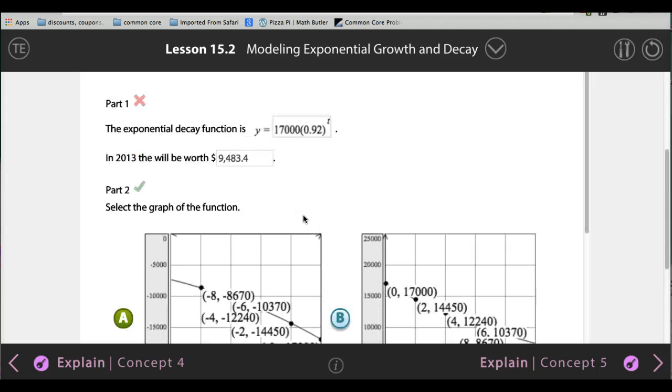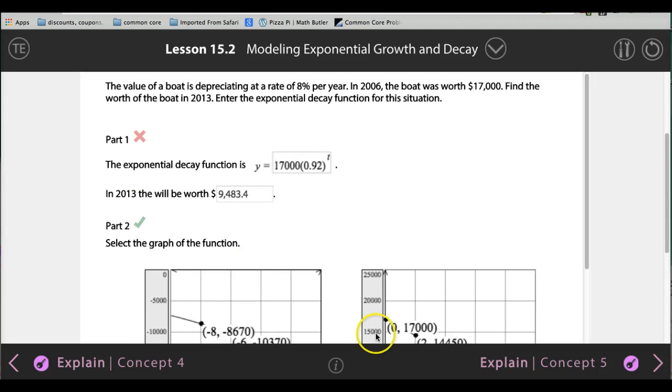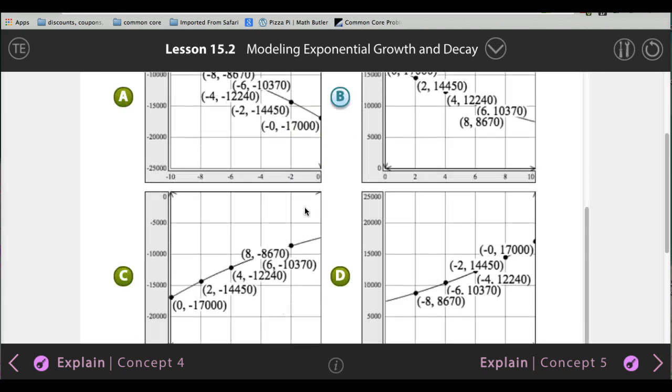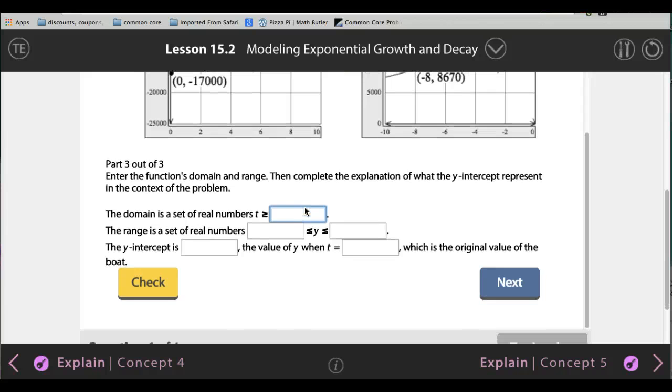Okay, what else are they asking? All right, so part 2 is correct, but they said that part 1 is wrong because I didn't put in the correct answer over here. Okay? Finally, part 3 out of 3. Enter the function's domain and range, and then we have to explain what the y-intercept represents.